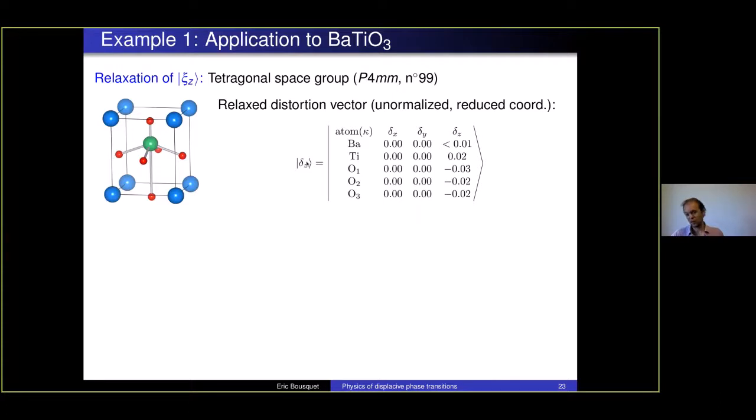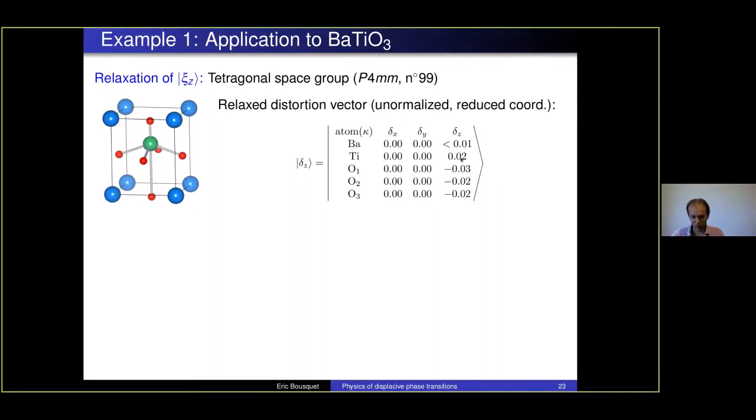It means you can define it as a vector. I call it delta Z, because here we consider only the Z direction of the displacements of the atoms. For each atom, barium, titanium, and the three oxygens, we have the motion with respect to the high-symmetry cubic phase, along X, Y, and Z. We can see here that we have only displacement along Z because I induce the distortion only in this Z direction. The barium is almost not moving.